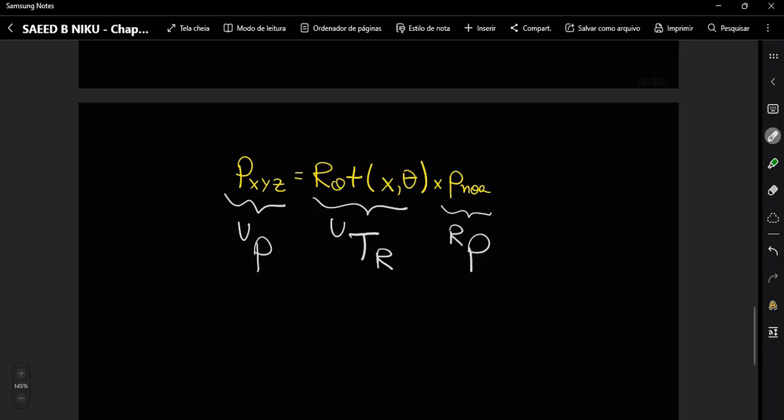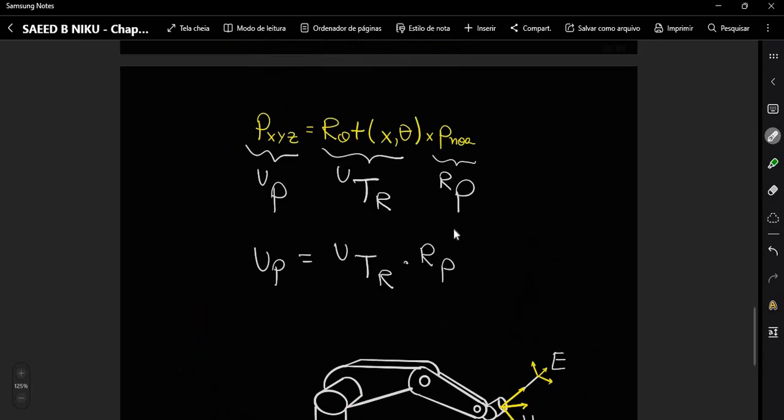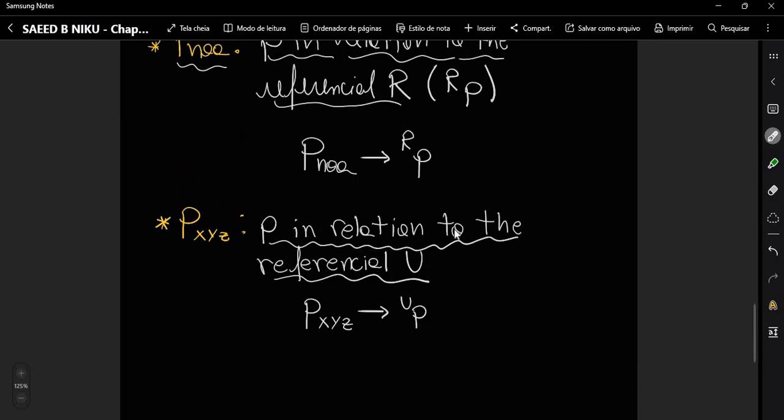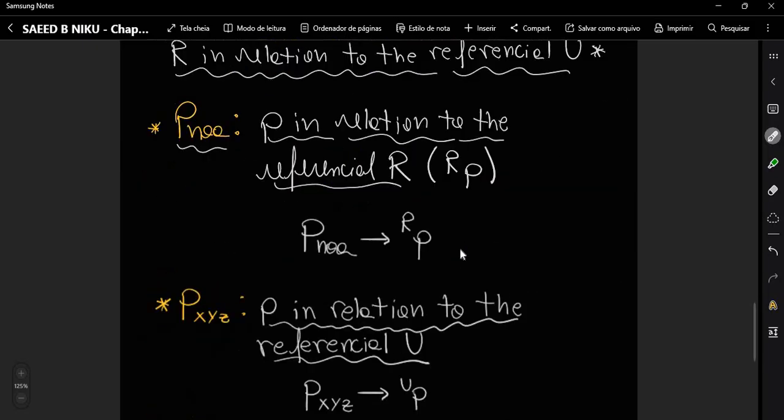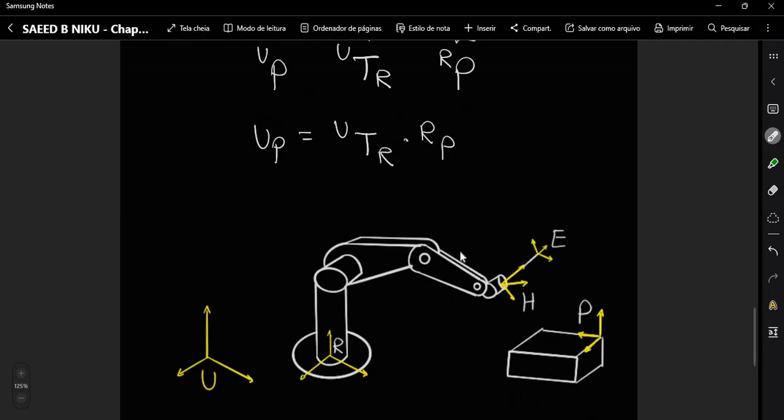So throughout this book, throughout this series, we will be using this notation, because it makes it easier to represent different referentials. And with that being said, let's get started and solve example 2.11.